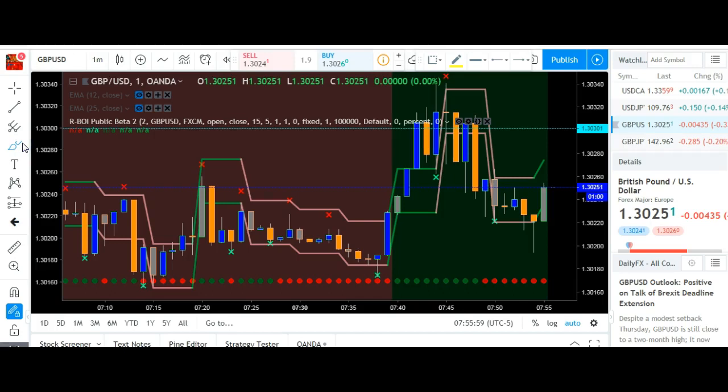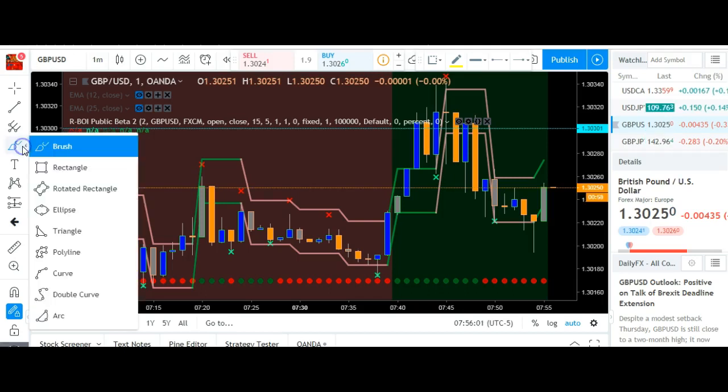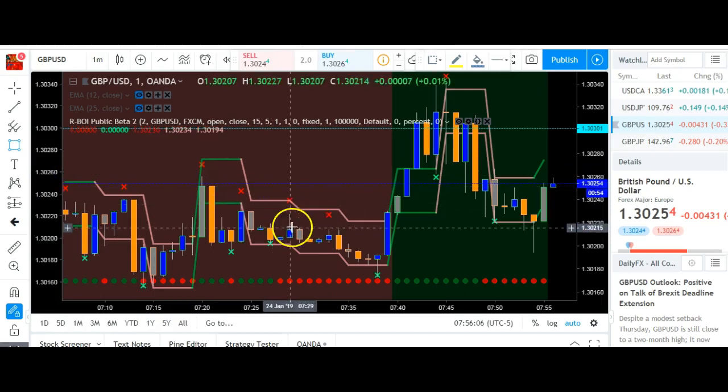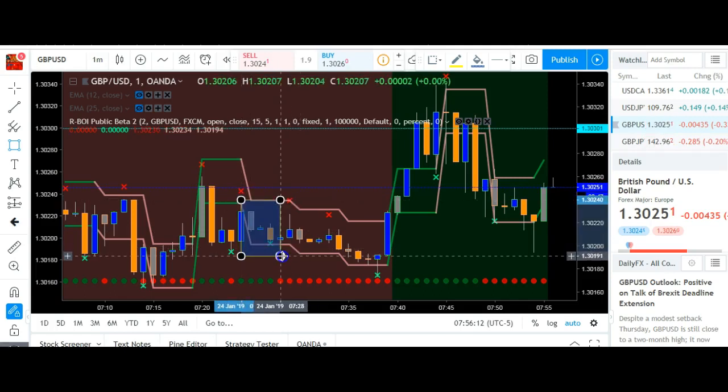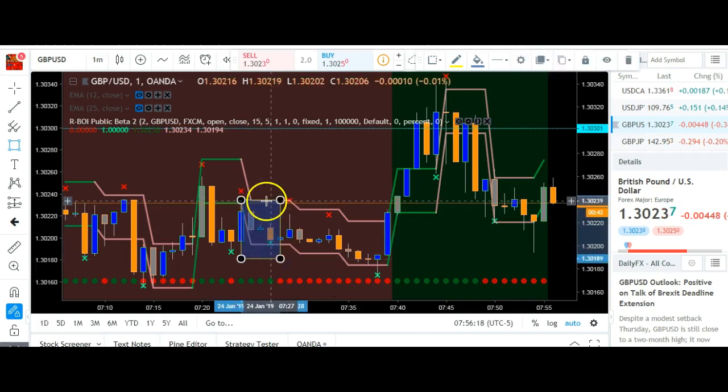Okay, here's what I'm looking for. Right here. This is the type of pattern you're going to look for. You see that? If you're selling, that's what you're going to be looking for.